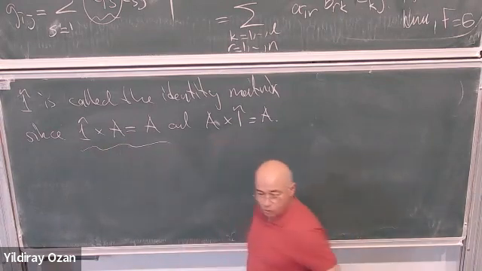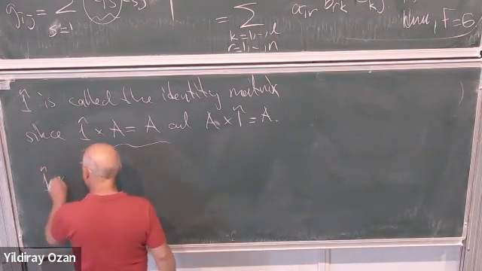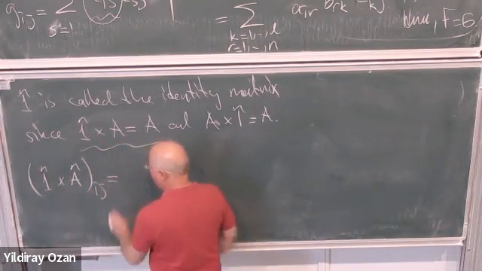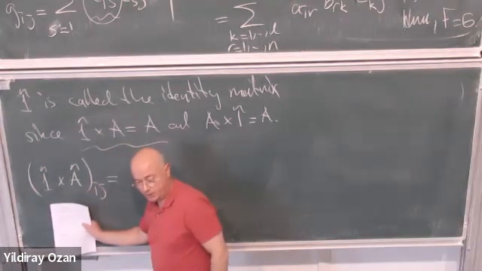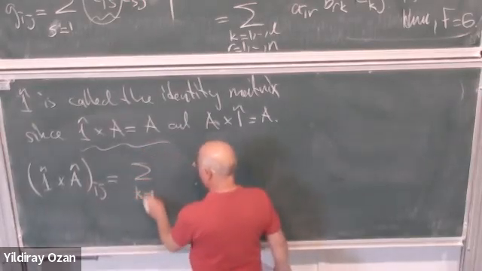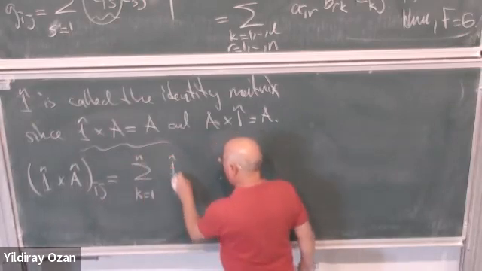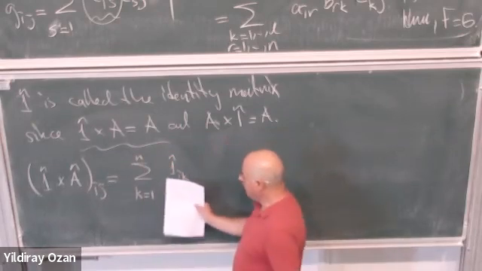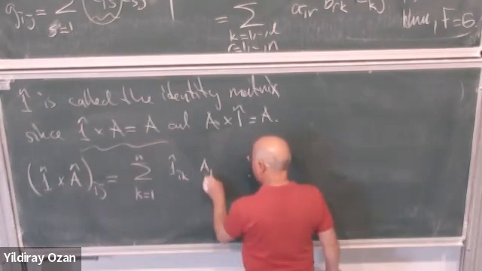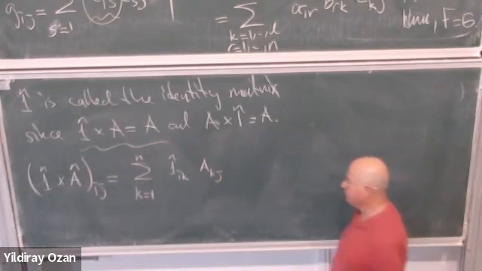Now let's see why this is true. So let me write this. What is the ij entry of this matrix? Well, it is the summation from 1 to n of the ith row, kth column element of the identity matrix and then the kj element of A. You multiply them and add them up.